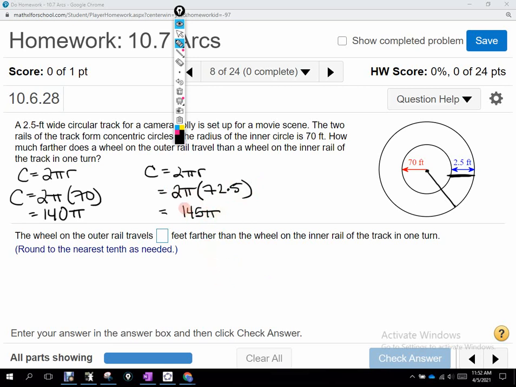So now, the difference between those two is 5 pi, right? Okay. So if I multiply that on my calculator, I get to the nearest tenth, as they want. But that outside wheel is going to travel further.